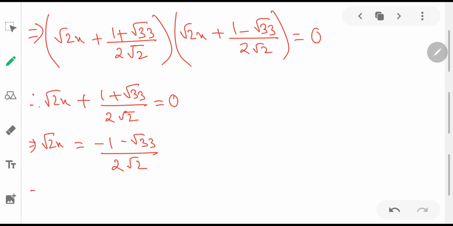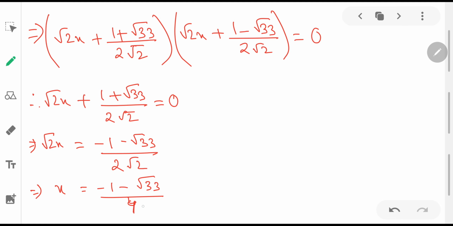Okay, so along with x we have root 2. If it comes to the other side, it will become divide. So 2 into root 2 is how much? It is 2. So 2 into 2 is how much? 4. So we will have x equals to minus 1 minus root over 33 by 4 here.